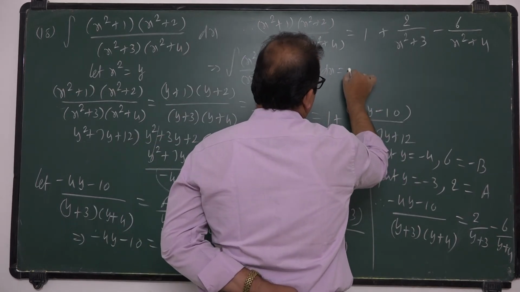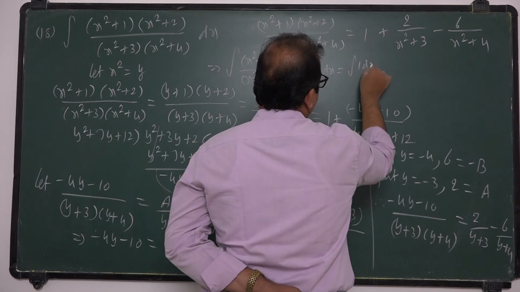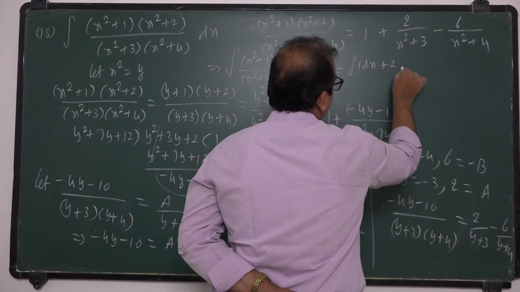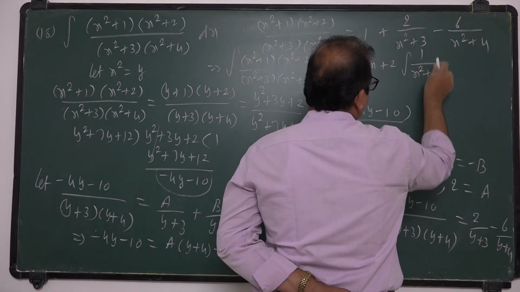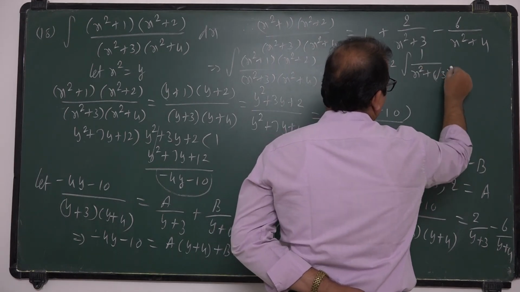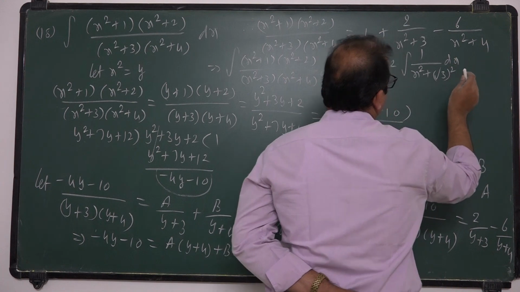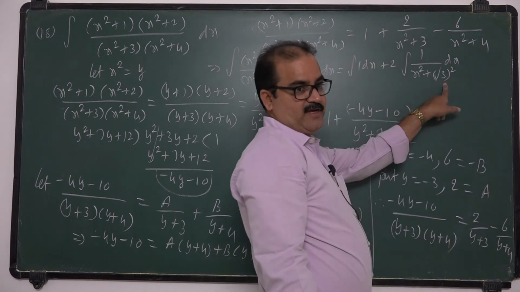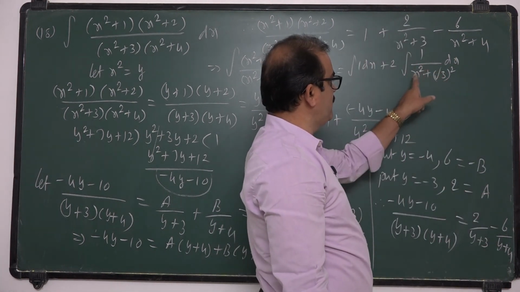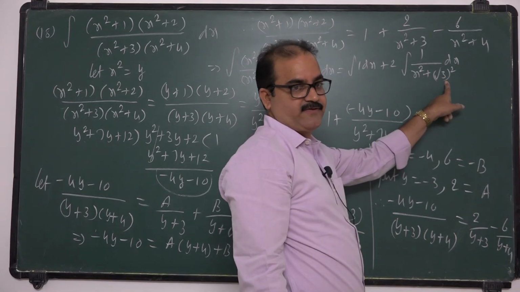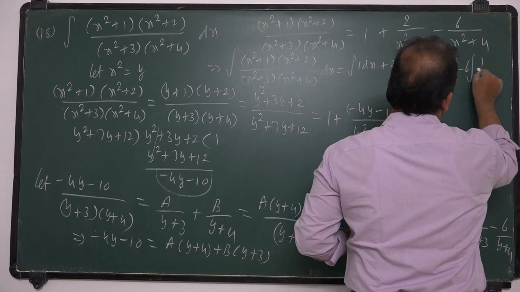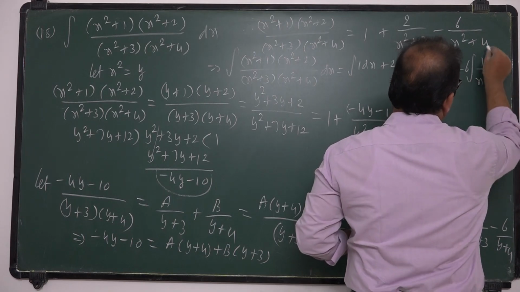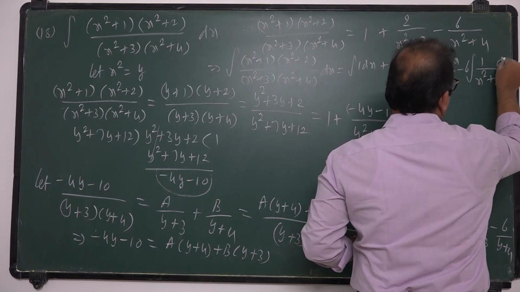Integrate separately. Integral 1 dx plus 2 into integral 1 by x square plus 3, taken as root 3 whole square, into dx. If you write in this way, then it is in the form of integral 1 by x square plus a square, minus 6 into integral 1 by x square plus 4, taken as 2 square.